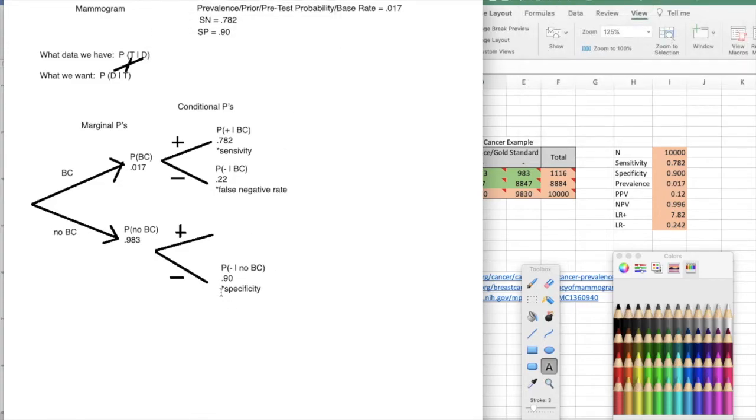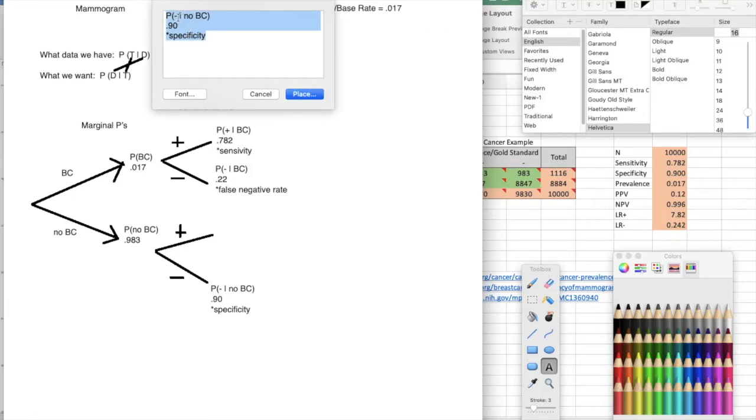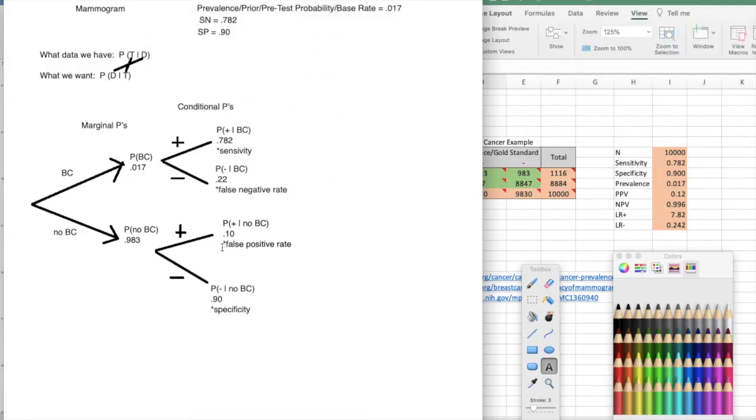Specificity. Boom. And then here, probability of testing positive, given that they don't have breast cancer, is the complement of specificity. This is also known as the false positive rate. This adds up to 1. These add up to 1.